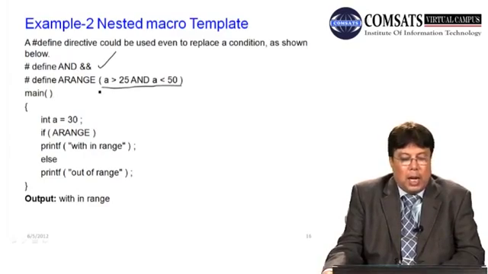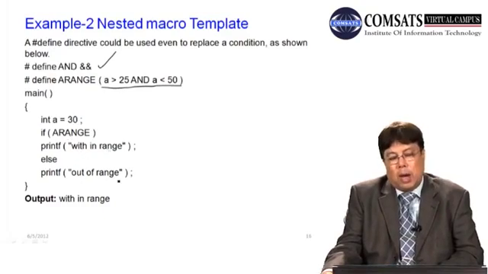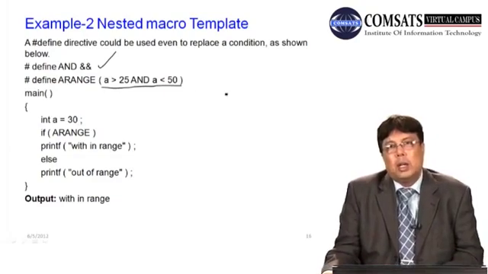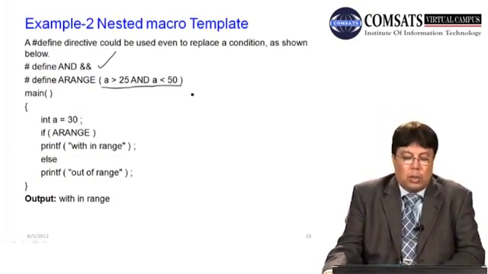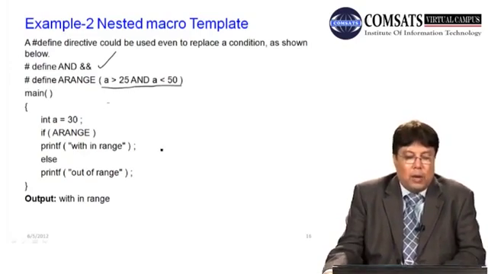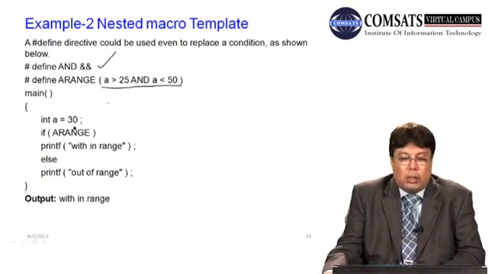अब यहाँ पर हमने सिर्फ चेक किया if average, अब हमें A की वैल्यू दी हुई है यहाँ पर, A is 30 and we say that if average then within the range else out of range. अगर ये इस range से बाहर है then it's not average, or if it is within this range, so this way. So this test, instead of writing A is greater than 25 and A is less than 50, we have used average here. And why it is called nested? Because हमने यहाँ पे and define किया था और macro के अंदर हमने इस macro को use कर रहे हैं.